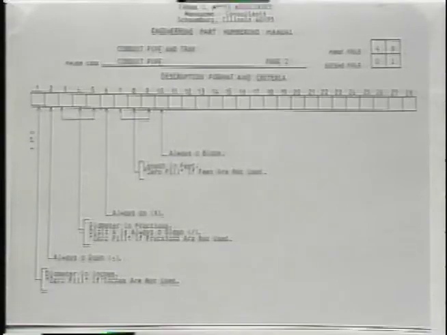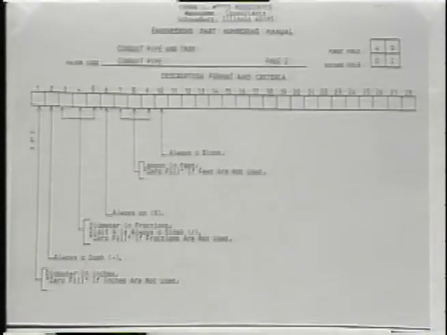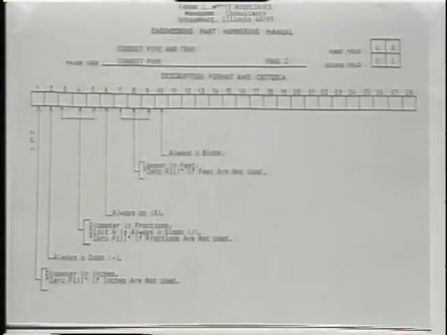Then we have the diameter in fractions, and then digit 6 is a slant, okay? And then there is an X. It's always by, and then we have the length in feet, okay? And if you wanted to, you could put other definition based upon the furthering, expanding the description.